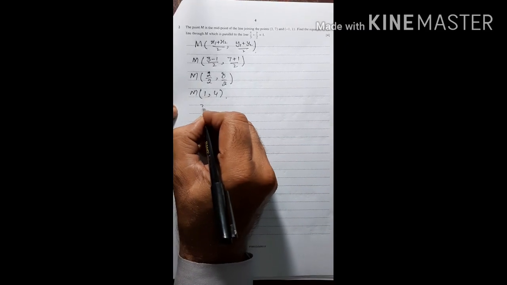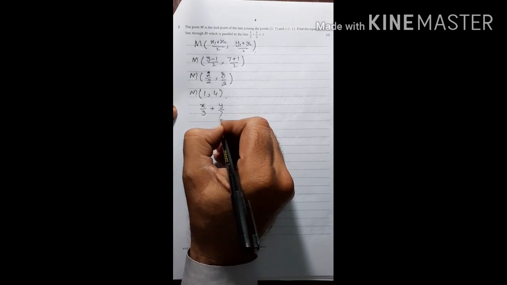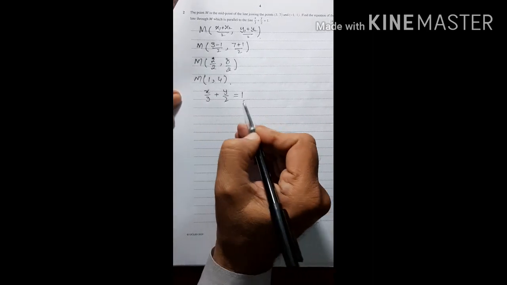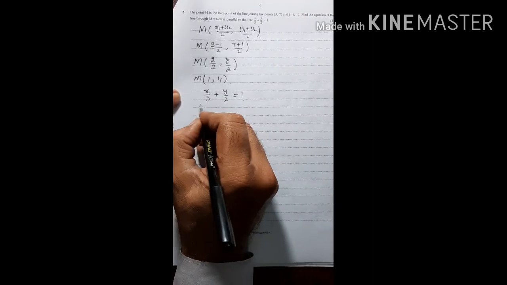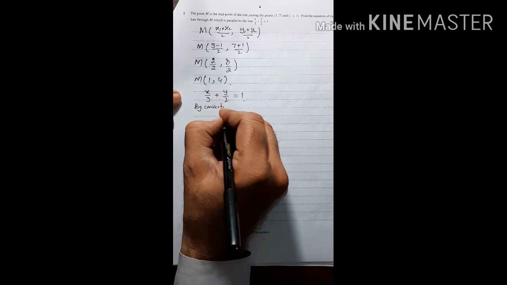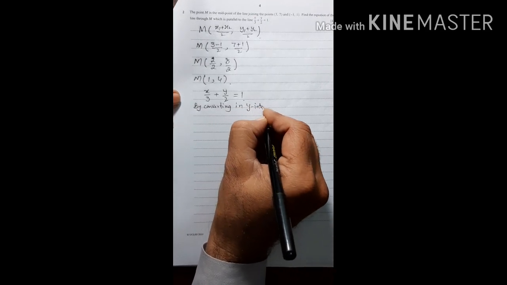The equation is x/3 + y/2 = 1. So convert this equation into y-intercept form.